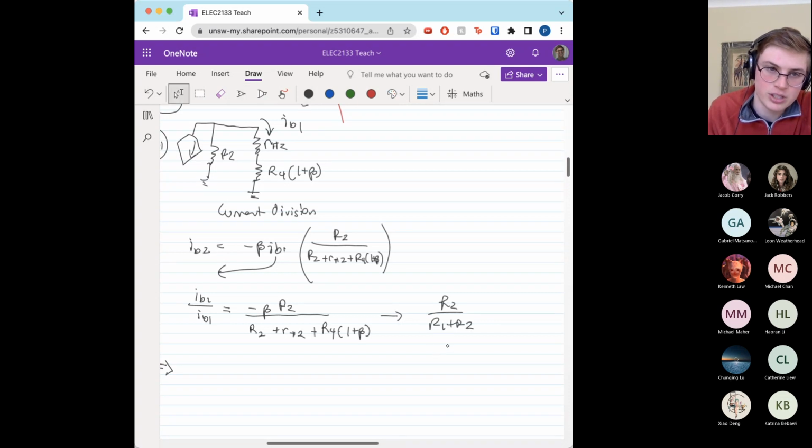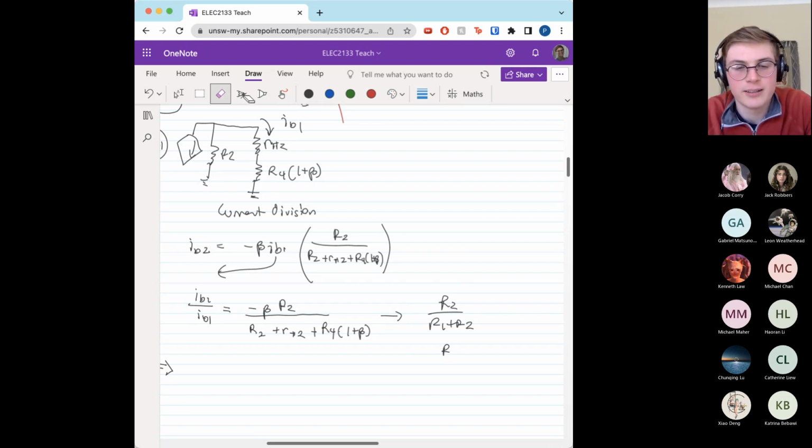In current division you do R2 parallel divided by the parallel combo. Go back to your current division equations. It is a sum. I'd have to derive it all and show you again. Essentially, I'm using the shortcut that the parallel.